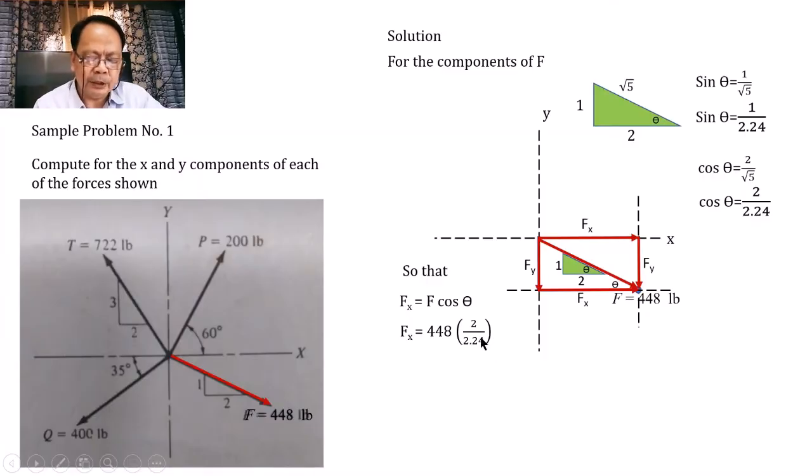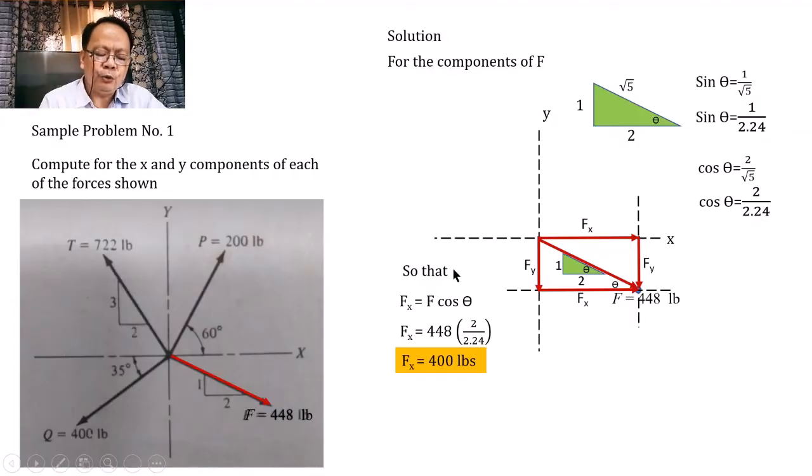And we can notice that 2.24 and 448 will cancel each other. And so the result will be 200 for this one, and 200 multiplied by 2 gives us a value of 400 pounds. Therefore, this x component of F will be equal to 400.